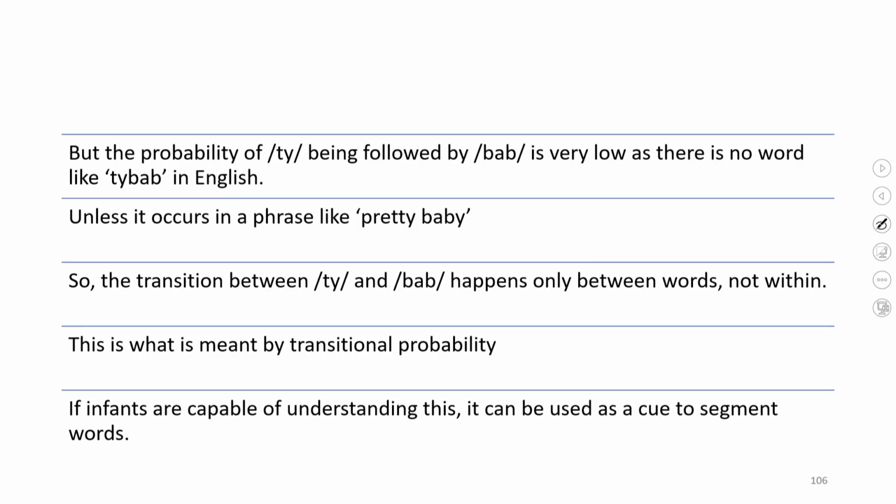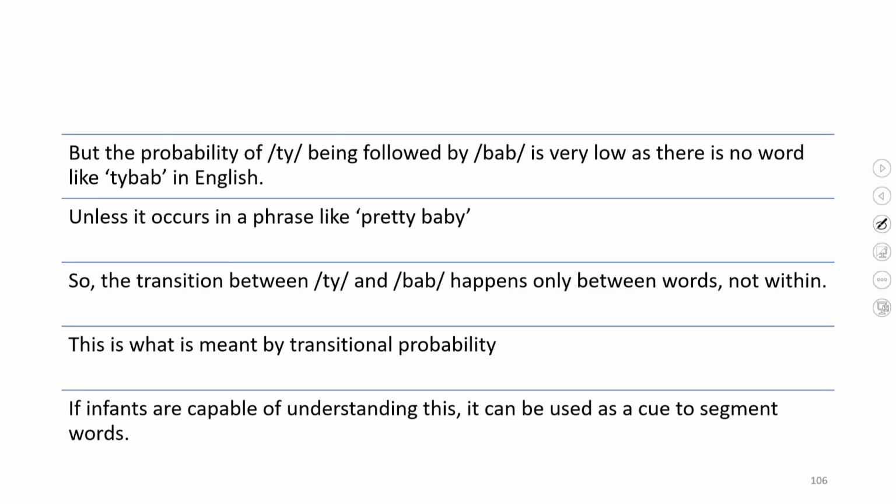Unless it occurs only in a phrase like pretty baby, where tea and babe come together and create a phrase in some sense. In the continuous speech stream, this might look like a combination. So, the transition between tea and babe happens only between words, not within. However, pre and tea, that transition happens within words.